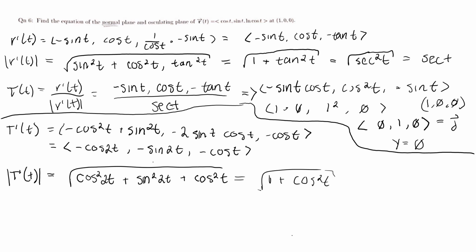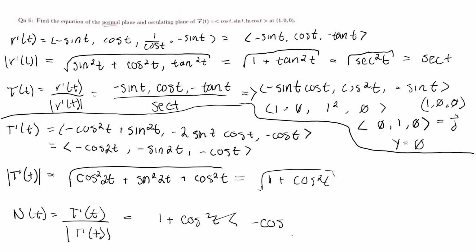So now our normal is just the derivative of T over the magnitude of the derivative, which equals 1 over the square root of 1 plus cosine squared t, times negative cosine 2t, negative sine 2t, negative cosine t.